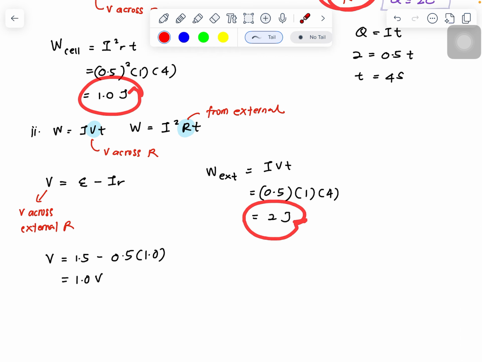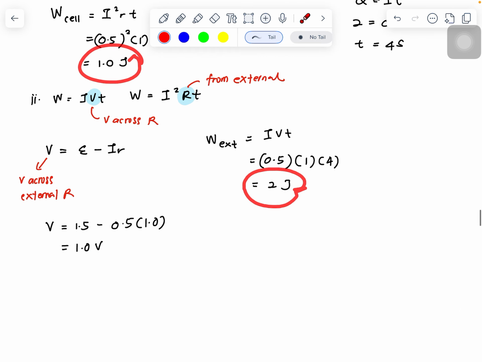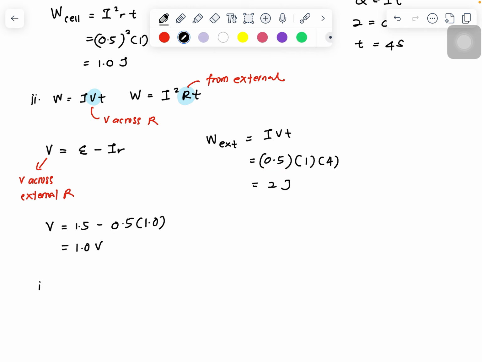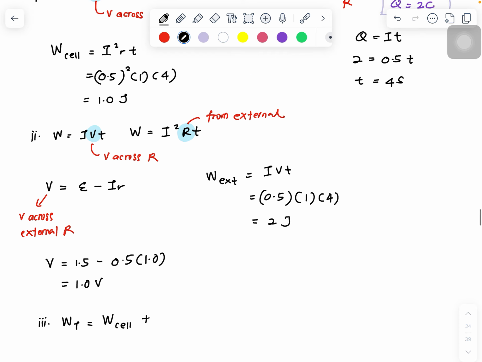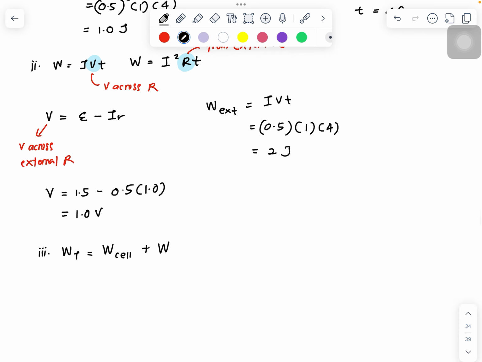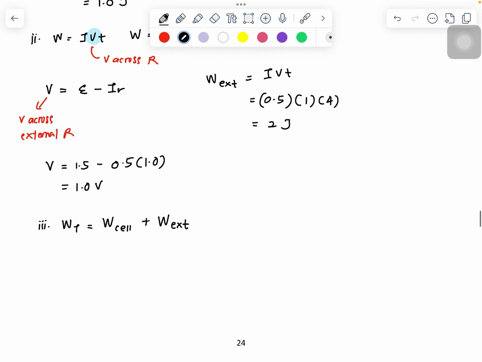So total energy yang dia bagi adalah 3 joule. Okay, so itu adalah energy supply. So energy total adalah energy dissipated by the cell plus energy dissipated by external. So by the cell is 1, external 2, so total dia adalah 3 joule.